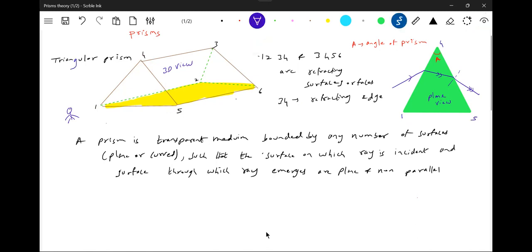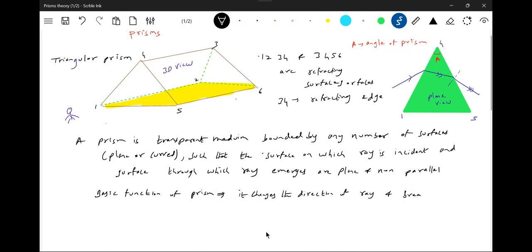The basic function of a prism is that it changes the direction of the ray and breaks the chromatic light into its constituents.